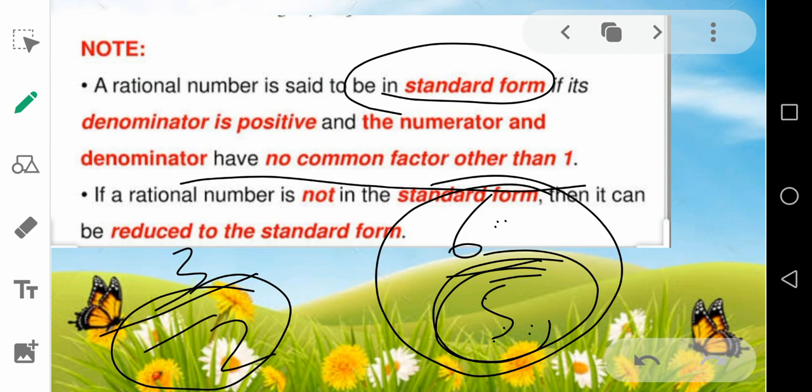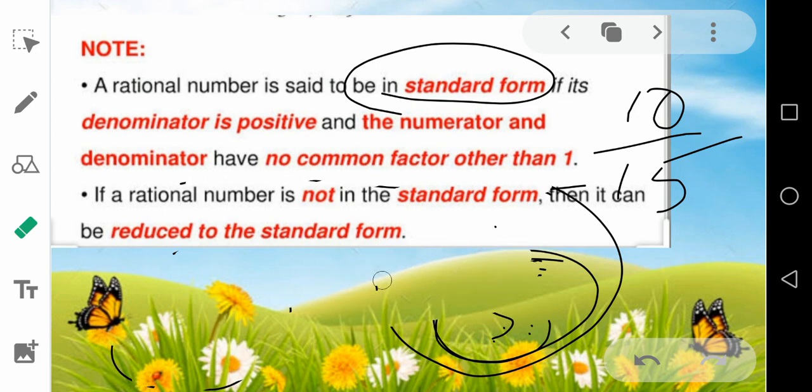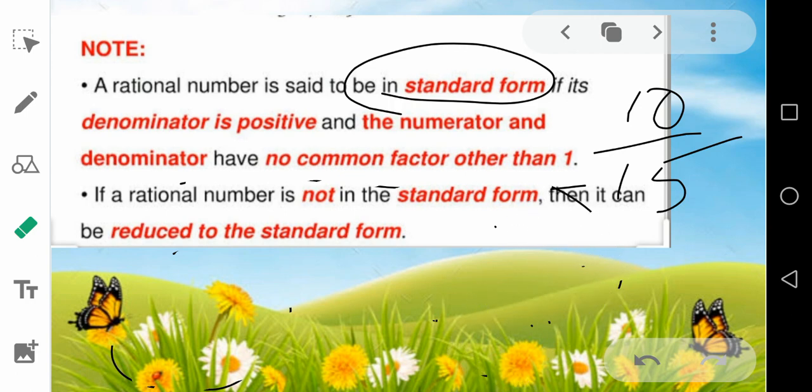Okay, I am taking another number, 10 by 15. Is this in standard form? Think and then try to answer. I told you standard form means the denominator should be positive. So in that case, I think it is standard form, right? Why? This is positive only.